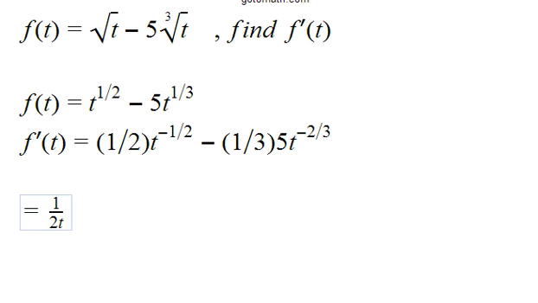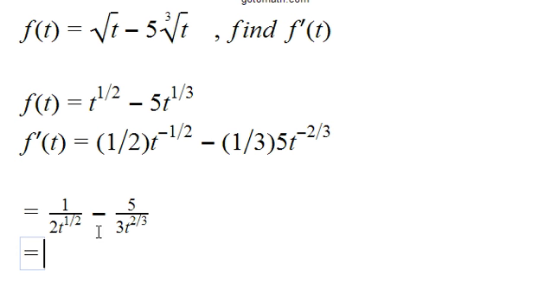I guess I just better not skip any steps here. Alright, and then we have minus, and this is going to end up becoming 5 in the numerator, 3 in the denominator, t raised to the positive 2/3. Alright, we brought that down into the numerator, and that becomes a positive 2/3.